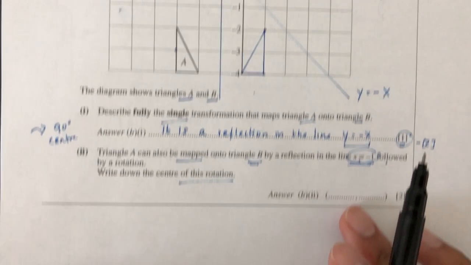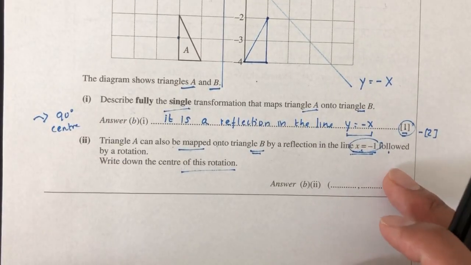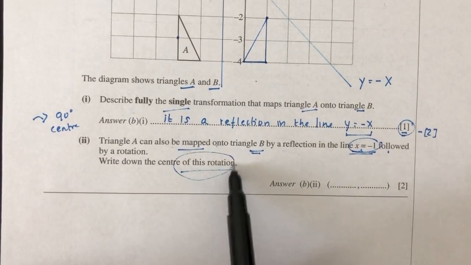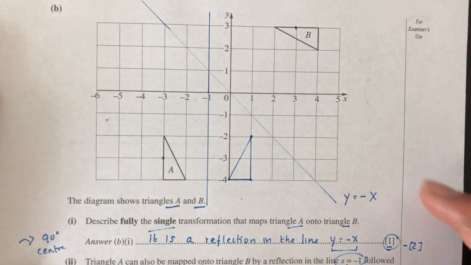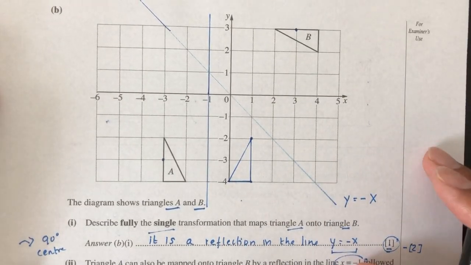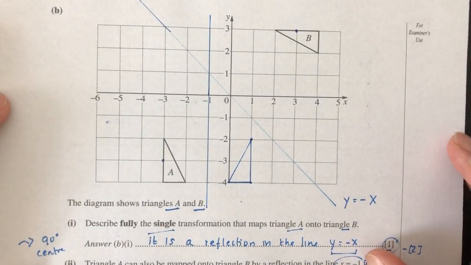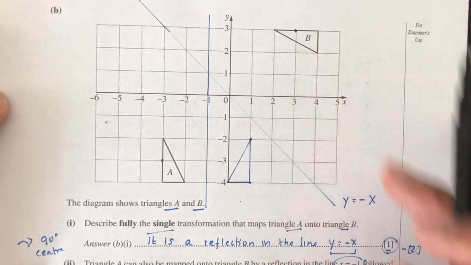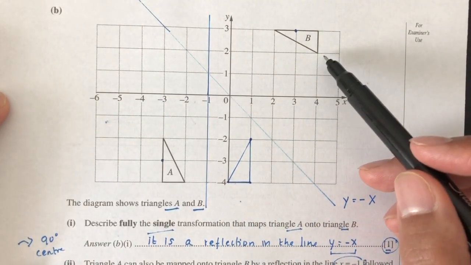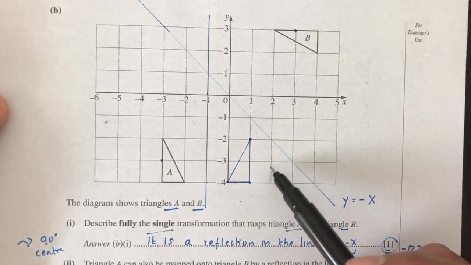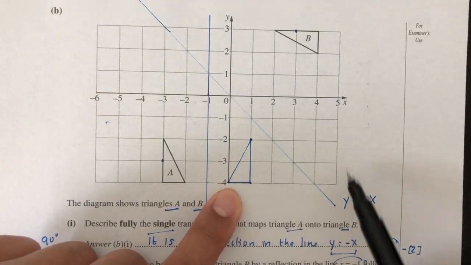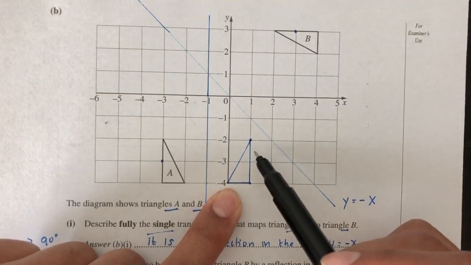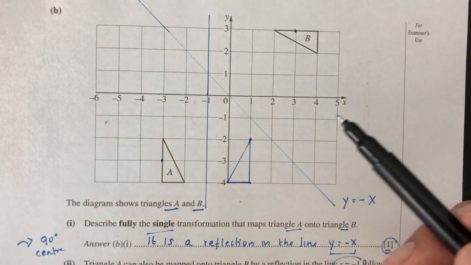Now the next part says followed by a rotation, with the center of rotation to be found. So we have to test and see how we rotate from this to this. What we can do is draw straight lines to see where they meet. There are a few ways of doing that.